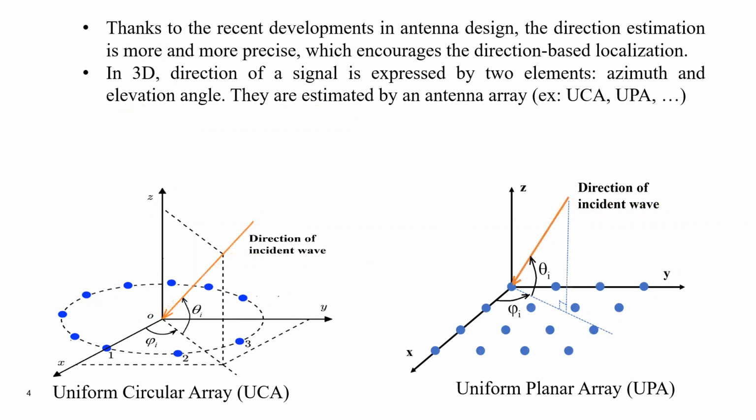In 3D schemes, the direction of a signal is expressed by 2 elements, an azimuth angle and an elevation angle. They are estimated by an antenna array. It can be a uniform circular array or a uniform planar array. In any case, we can estimate the azimuth angle phi i and the elevation angle theta i.